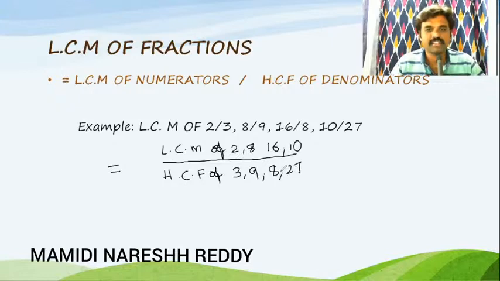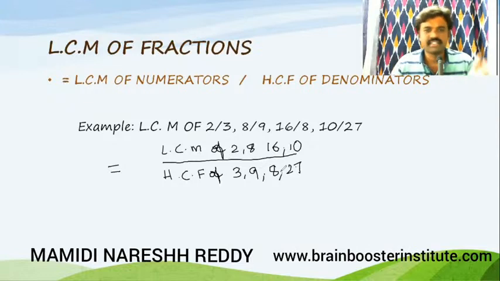See, my friend, LCM of numerators by HCF of denominators. Here also, already we have learned the shortcut formula to find LCM and HCFs. Those same techniques we can apply to find LCM and HCF.